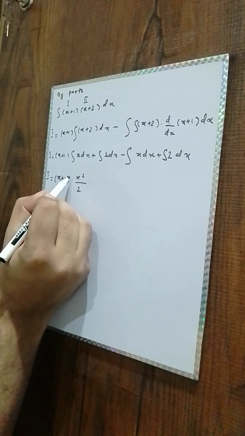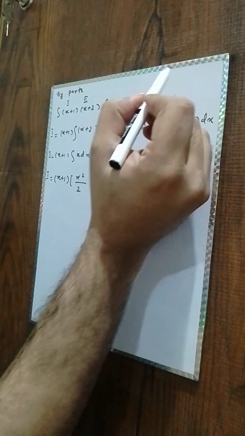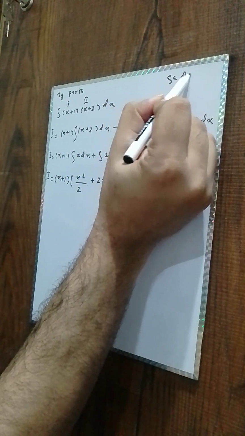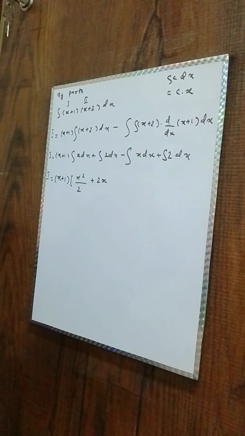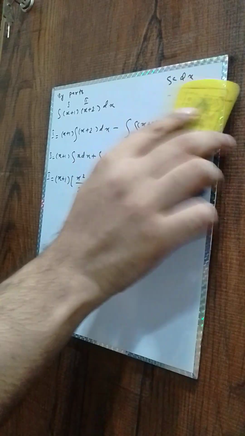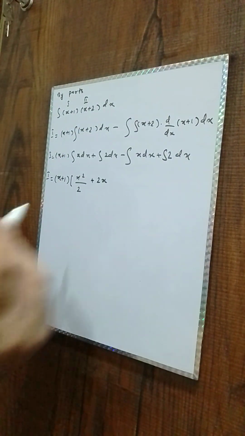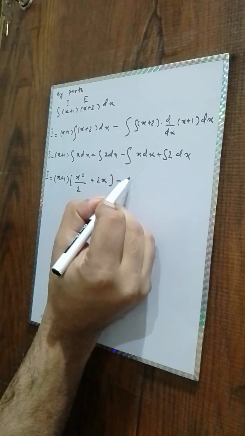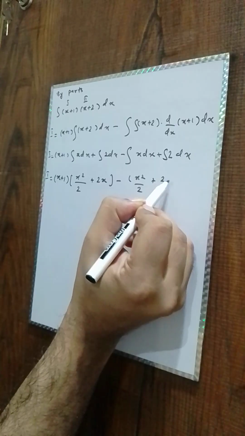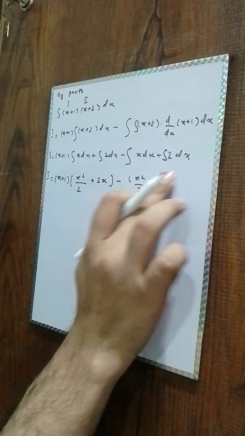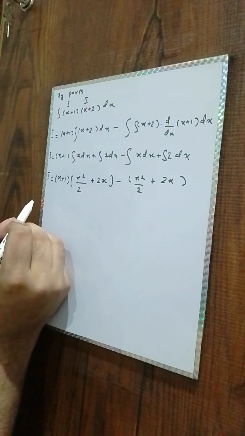So we have this here outside plus 2x, and integration of a constant is equal to c dot x. A constant can be taken out and 1 is integrated to x, minus, once again here, x squared by 2 plus 2 dot x, or simply 2x to save the steps.